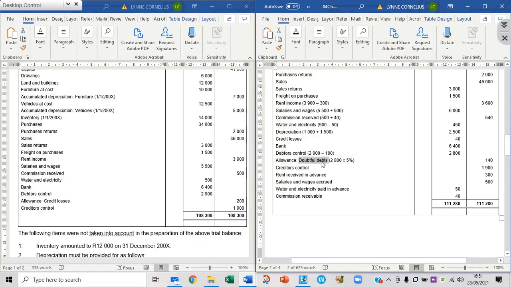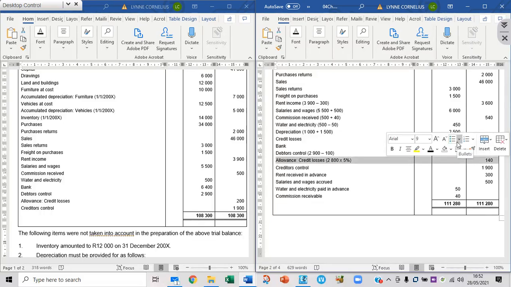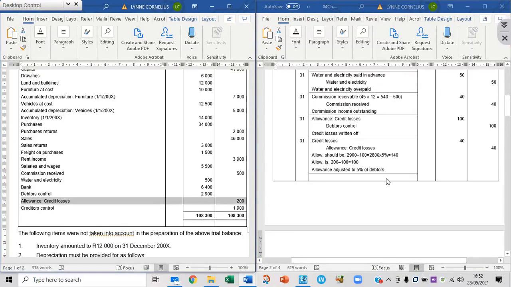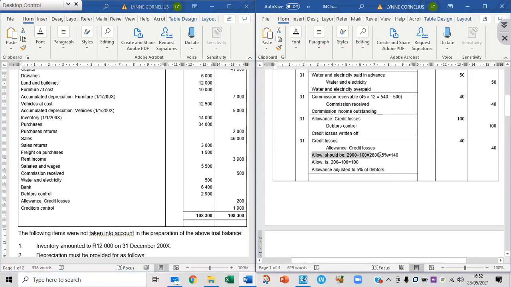And then I just want to correct this name. It should be credit losses. So our next account is allowance for credit losses. And remember, on the left-hand side, there's our allowance for credit losses of 200 Rand. In our journal entry, we saw that our allowance should be 140 Rand. And what we did was we adjusted our allowance in order for it to be 140 Rand. And the way that we did that was we took the 200 Rand balance, we wrote off 100 Rand.